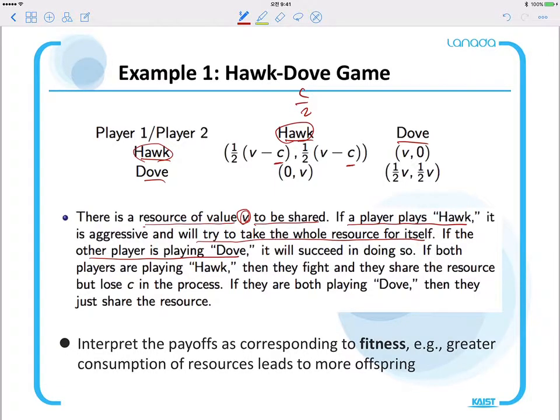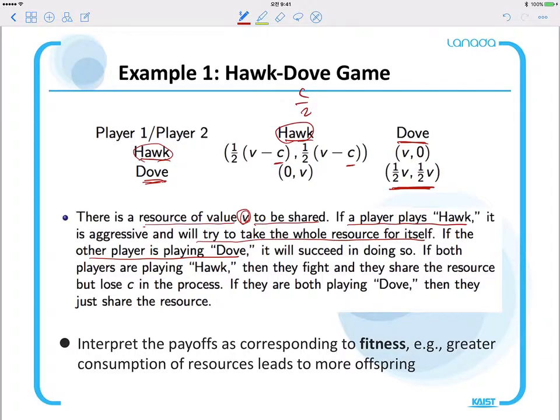Think about the fight between two male lions over mating with one female lion. They need to fight, and they sometimes scratch each other's faces and so on. They lose something. But if both players choose dove, which is non-aggressive, they share without any loss, and that's why the payoff is v over 2 and v over 2.